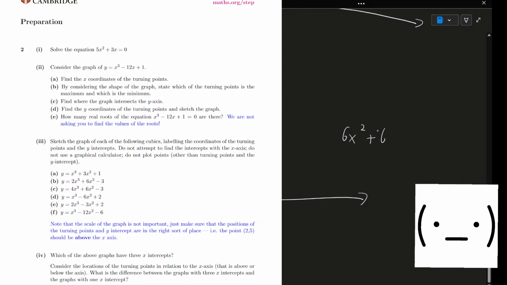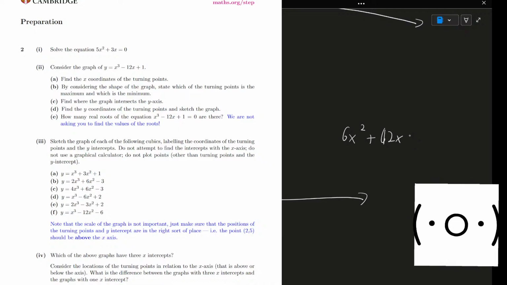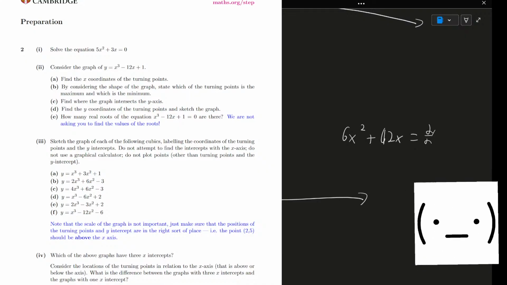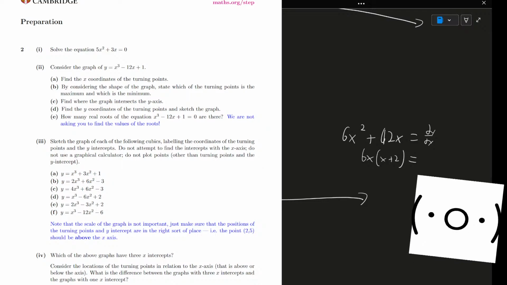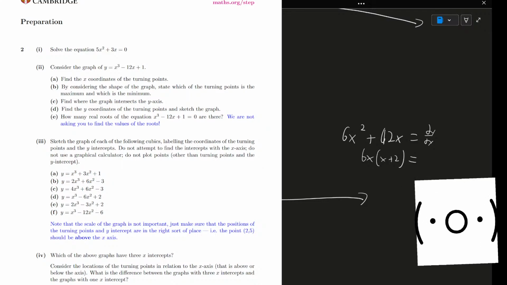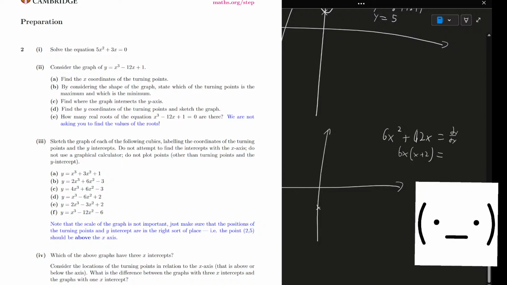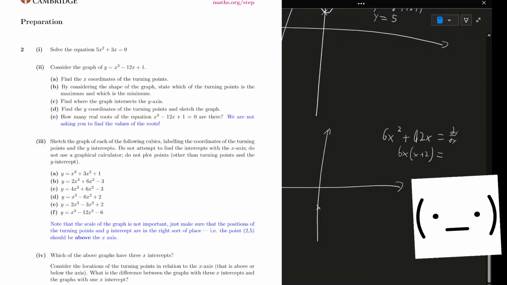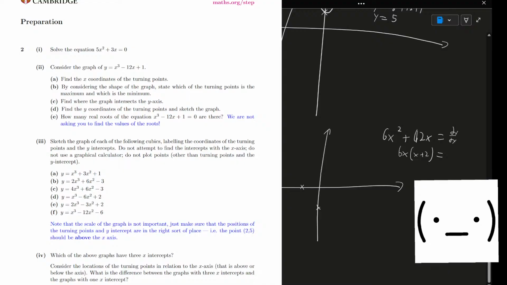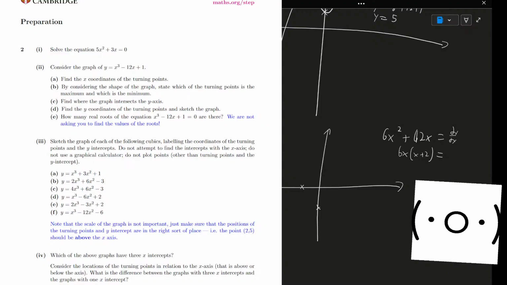Differentiating again. Wow, so exciting. It's the exact same? You're kidding me. They changed one number. Oh my days. Wait, I messed it up.